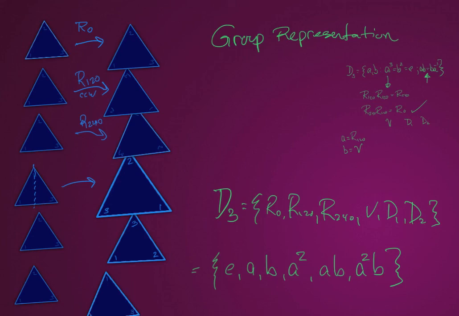These two things are exactly the same. It's just that we're writing this D3 that we already know in terms of the generating elements A and B right here.